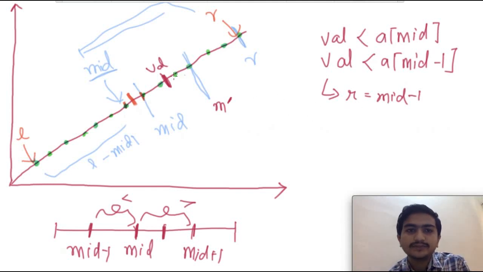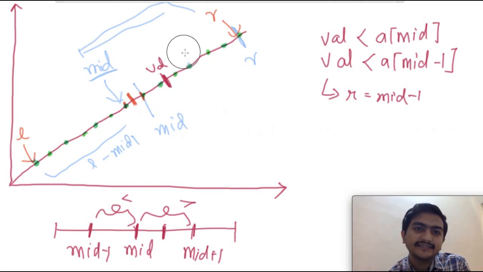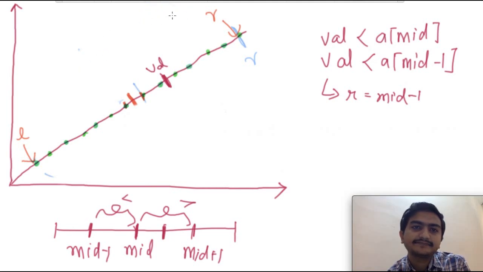Now let me erase this pointer, this is no longer a mid. That is l and r, just to avoid confusions. So now this is our new r and this is our l.